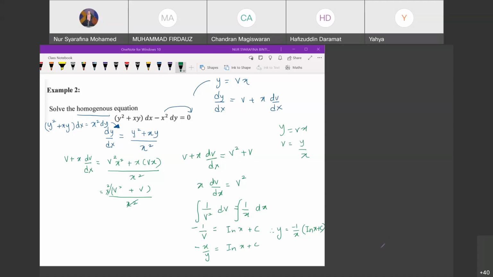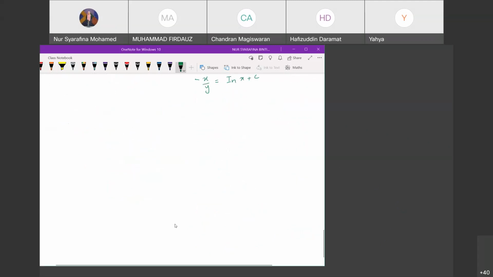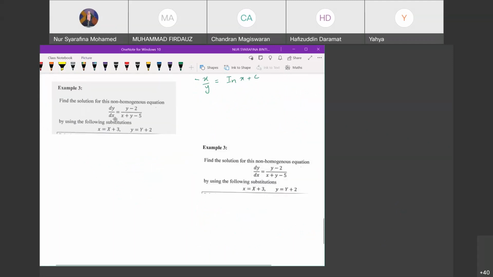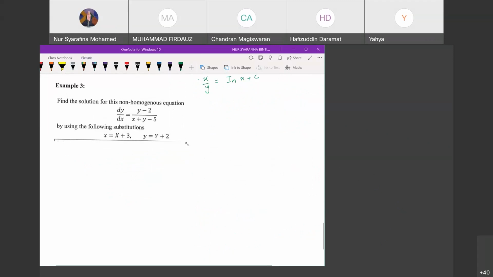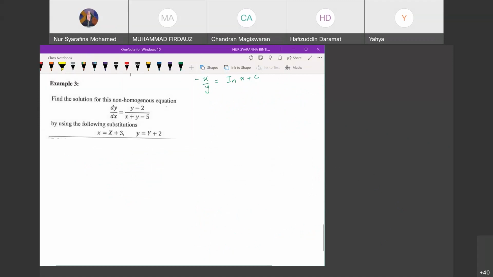Okay, let's try the last example for today. Find the solution for this non-homogeneous equation.